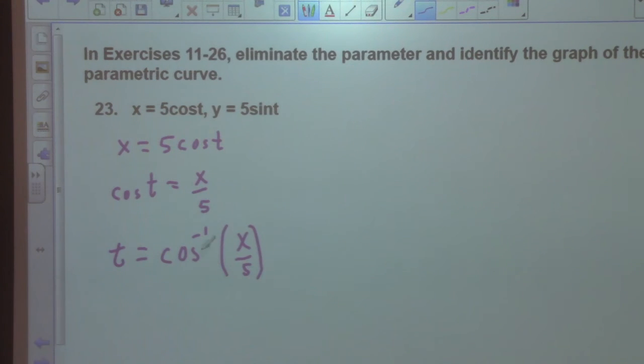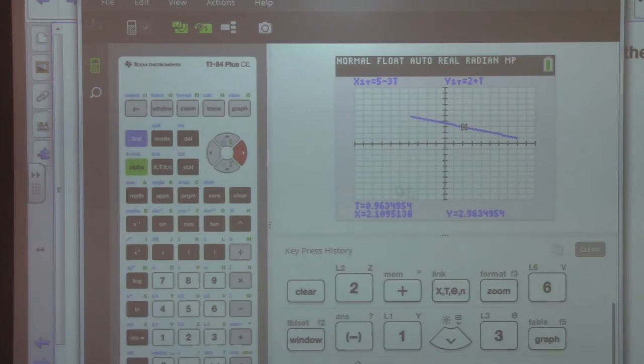And then what can we do with this? Plug it in here, right? So we have y equals 5 sine inverse cosine of x over 5, right? And let's graph that in the calculator, see what it looks like.